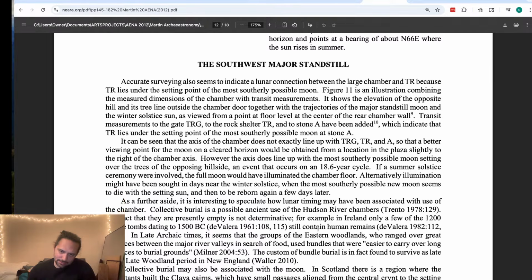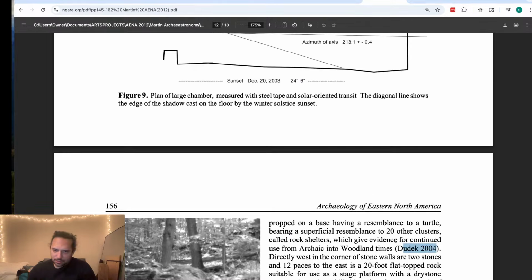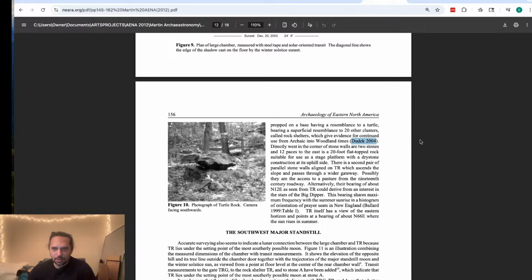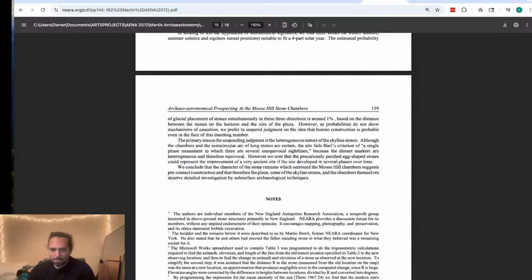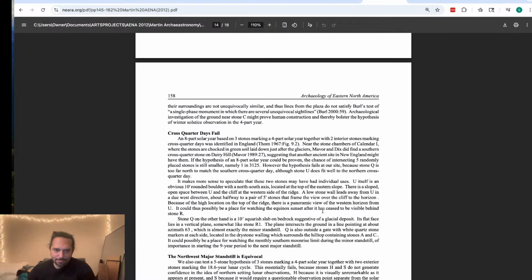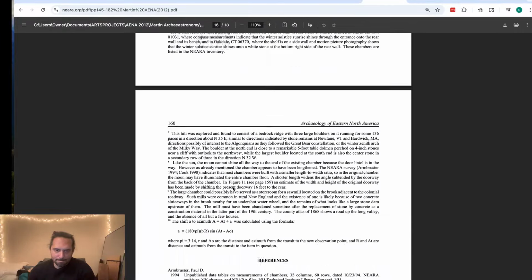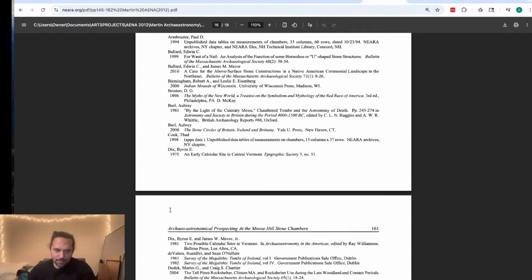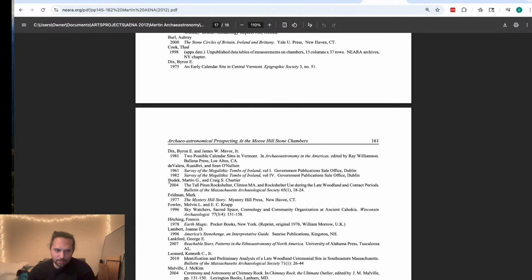Jeez. Now, this one was Dudek 2004. Let's see what Dudek 2004 is. So if we go down to the references, we go to Dudek, Martin G. The Tall Pines Rock Shelter, Clinton, Massachusetts, and rock shelter use during late wooden.